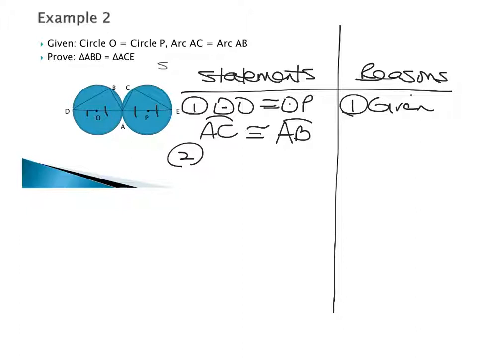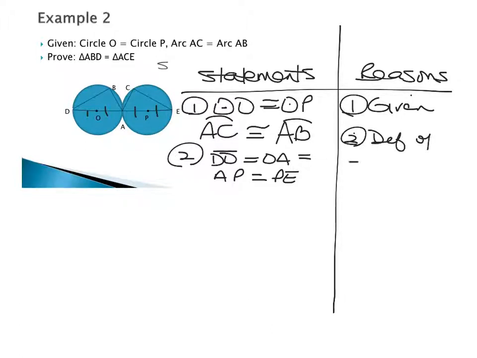So here I'm going to state that DO is equal to OA, which is equal to AP, which is equal to PE. And this is definition of congruent circles.